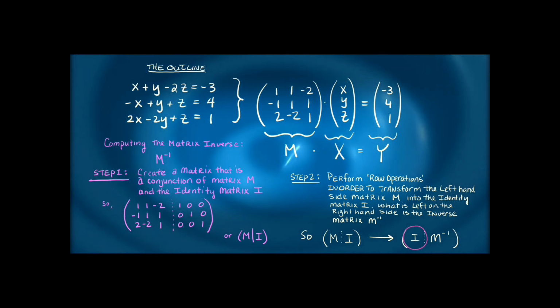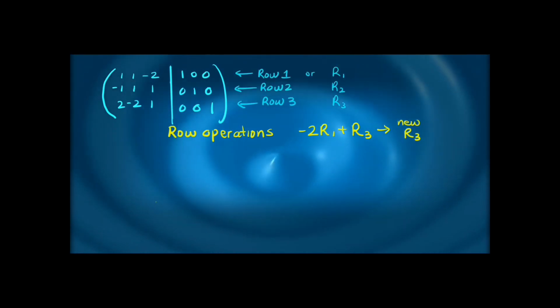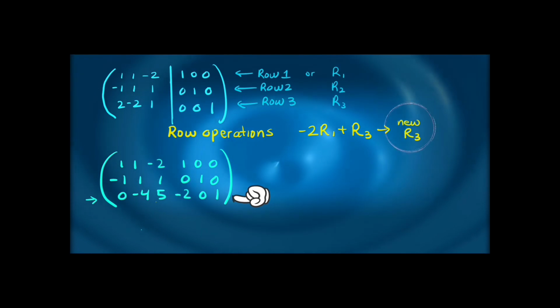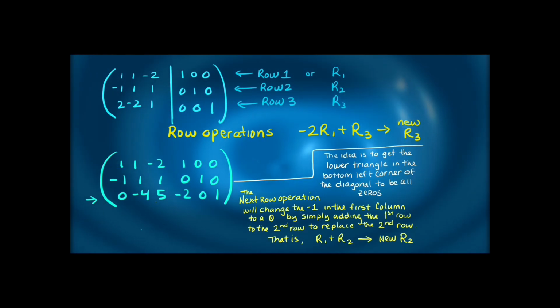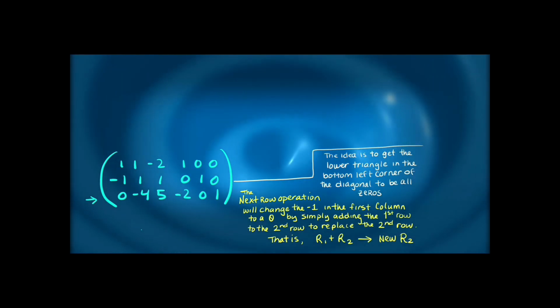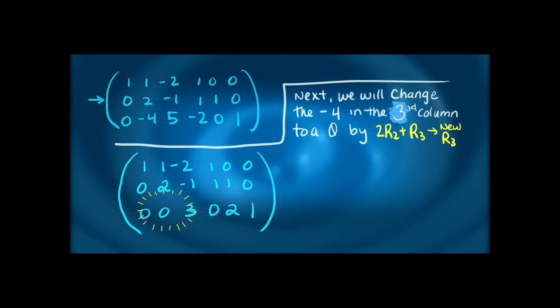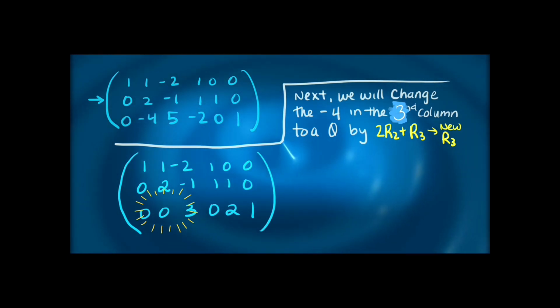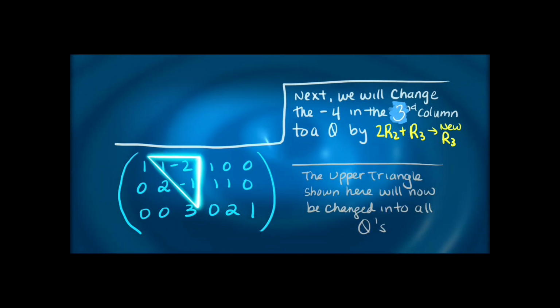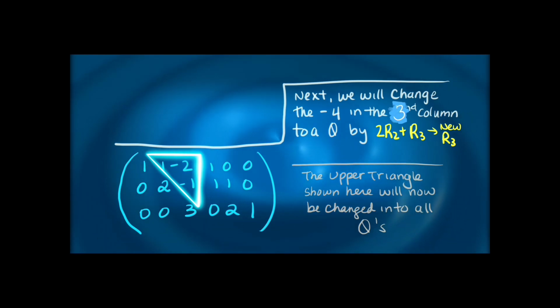So we're going to just quickly go through some of those row operations to see how that works. So row operations really consist of multiplying an entire row by a number and then adding it to another row to make a new row. Now, this is done systematically by trying to change the left-hand side of the augmented matrix into the identity matrix, where all the numbers along the diagonal are 1 and every other entry are 0.